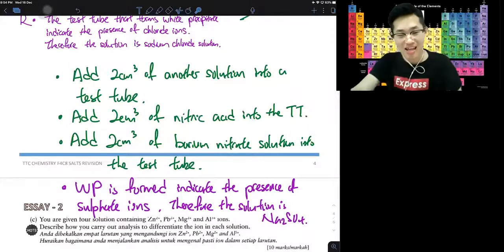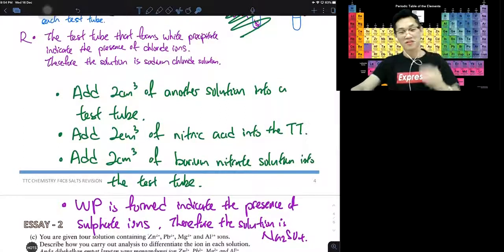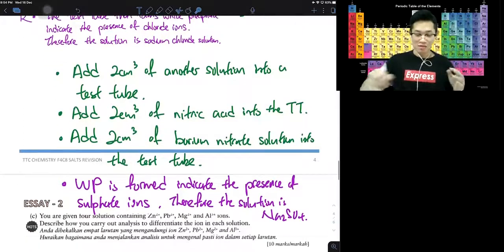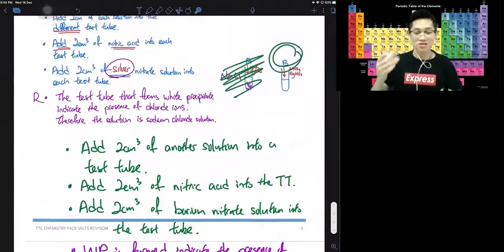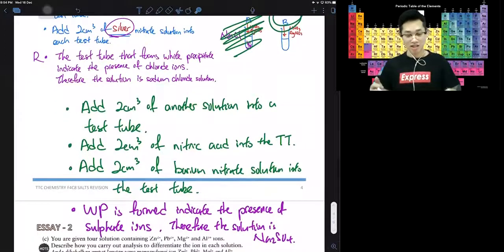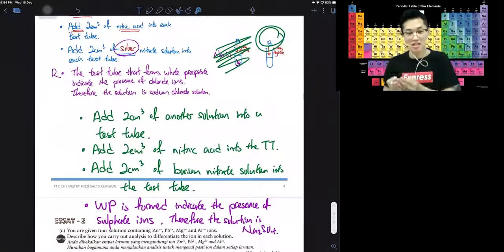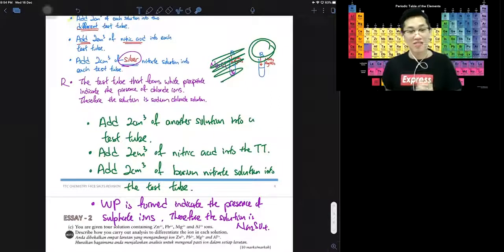If this question is 8 marks, you can also get 8 marks. If you are able to write an answer like this, a very confident answer, don't worry, you can surely get the marks on 6 marks. If you just write half just now, maybe you can't get full marks. But doing this, you should get full marks.